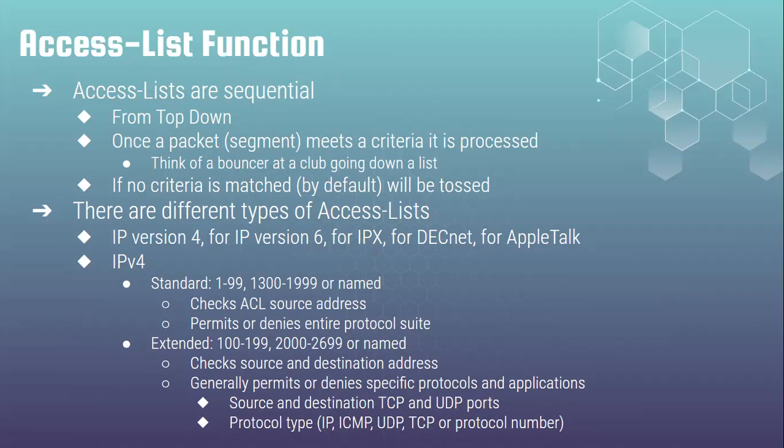It's going to work from the very top line to the bottom line. As far as we're concerned, there are two types of access lists. There's standard, which is 1 through 99 or 1300 through 1999, or extended. Standard only checks for the source IP address, as compared to extended, which can check for the source, destination, and protocols. Any questions so far?